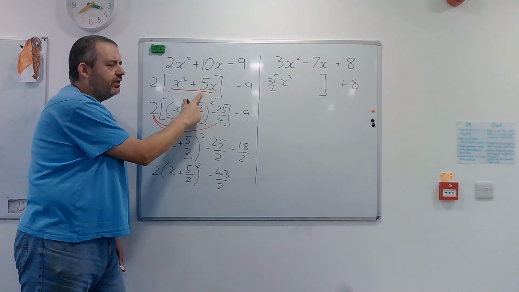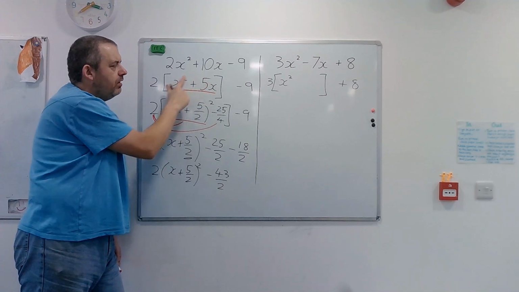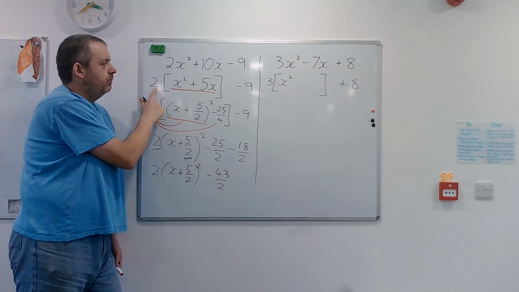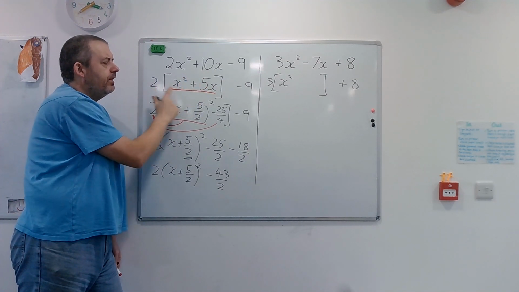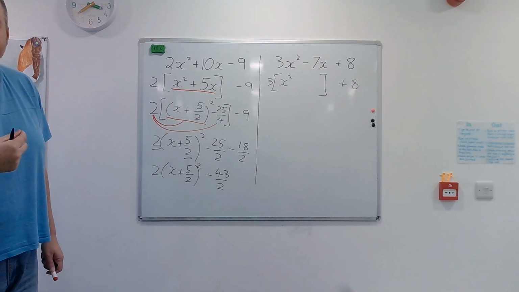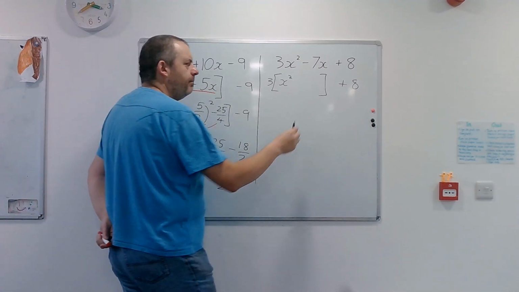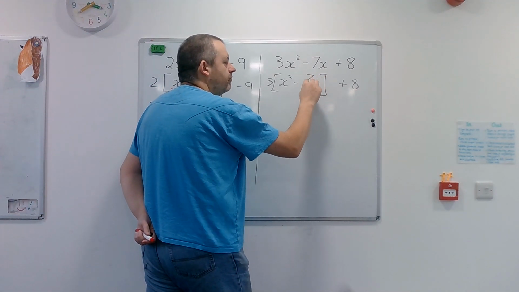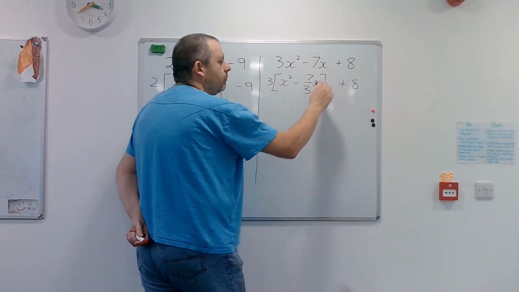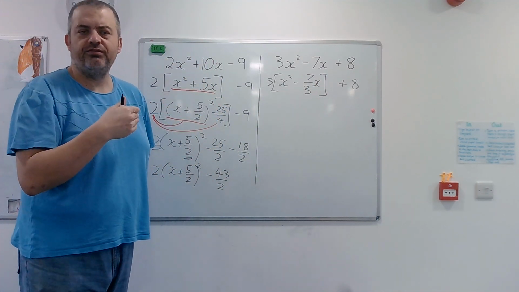So in this situation, I could have written 10/2, because 10/2 is the same as 5. You don't like that, you write 5. But here, I can write 7/3. That's how you take a 3 out of 7.